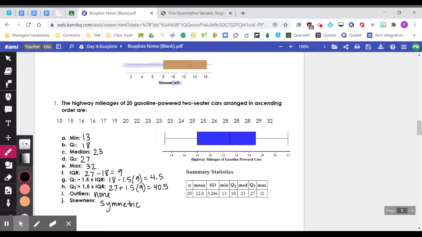Then the outlier test shows you that if you have any numbers below 4.5, which we don't because the lowest number is a 13, or if you have any numbers above a 40.5, which we don't because our highest number is a 32, then we would have outliers. But since we don't have any numbers that fall below or above these, then we don't have any. And then looking at our tails, they are more or less the same. So we would say that this is a symmetric box plot.